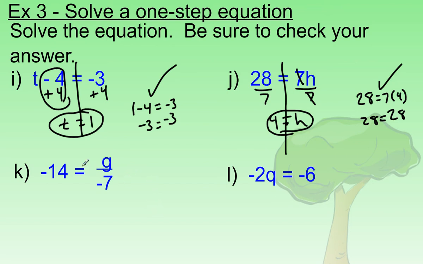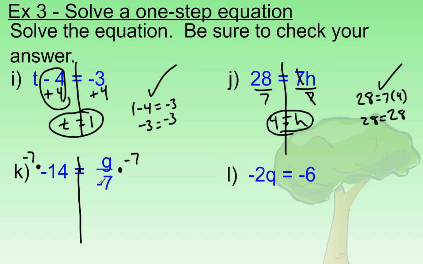Letter K. Oopsie, that's not a very good line. There we go. My variable is being divided by -7. So if I multiply both sides by -7, and the reason I mentioned that on the last page about the signs being the same when you multiply and divide is because in this case, you want those negatives to cancel.